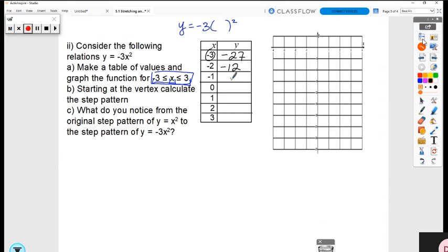Negative 1 squared is positive 1 times negative 3 is negative 3. 0, 0, yes. And because these things are symmetrical, we could almost just not even think for the rest of them.